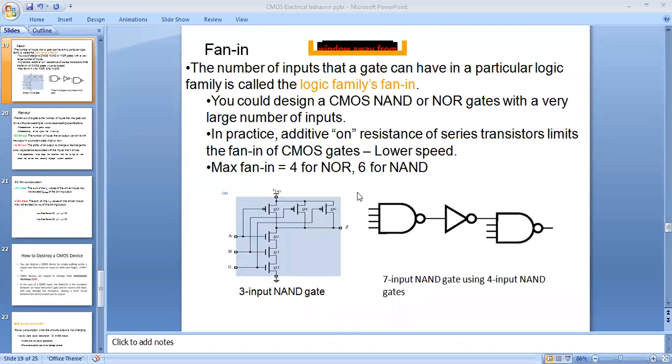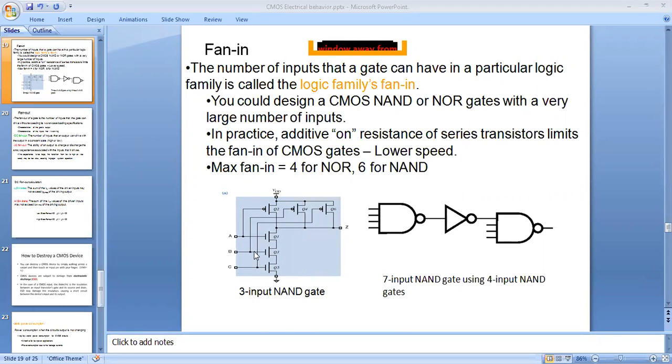Suppose we construct a NAND logic with the help of CMOS. Already you studied this circuit. The 3 PMOS transistors are parallel transistors and the 3 NMOS transistors are series transistors. Already you know this circuit. Then how many inputs are connected here? 3 inputs are connected.